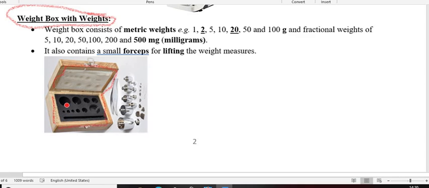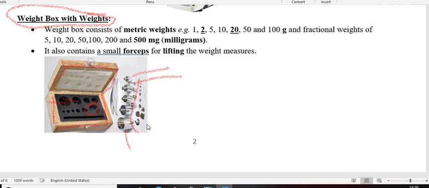The bottom has many holes to keep the weights. In one of the holes you have a small box. In that box we keep the milligram weights, and there is also space for keeping the forceps.